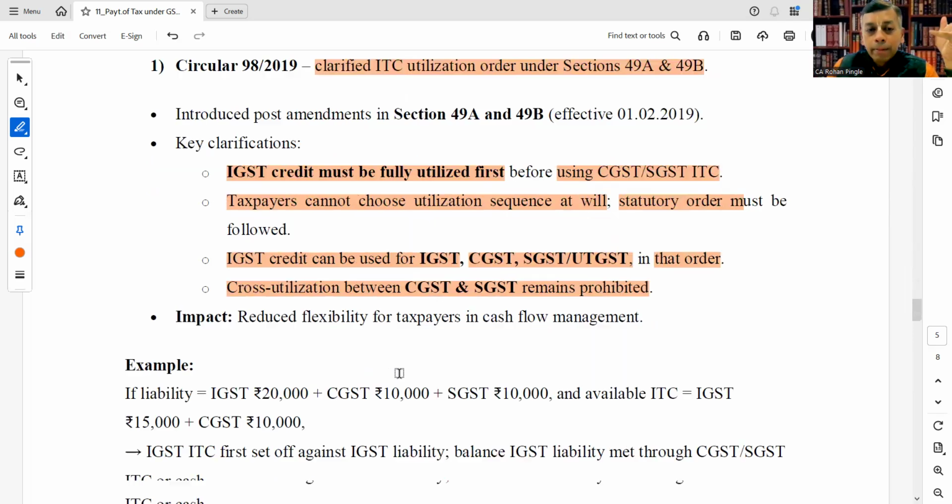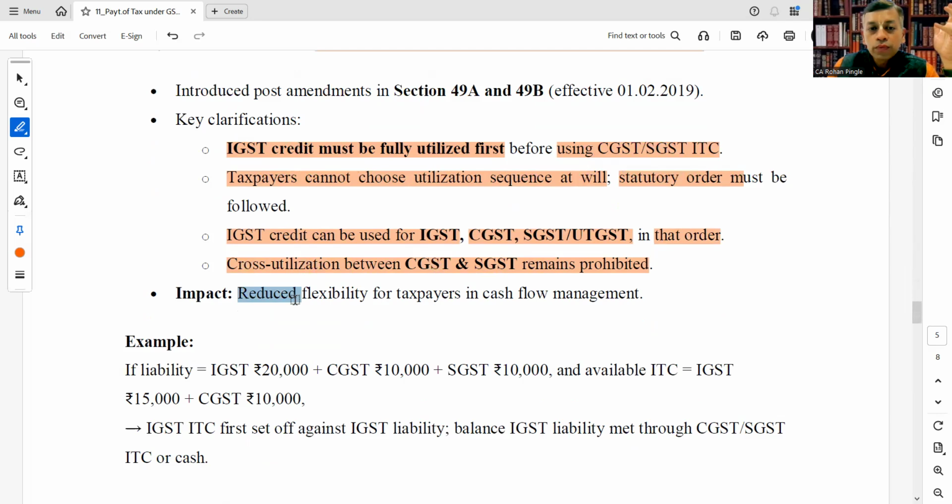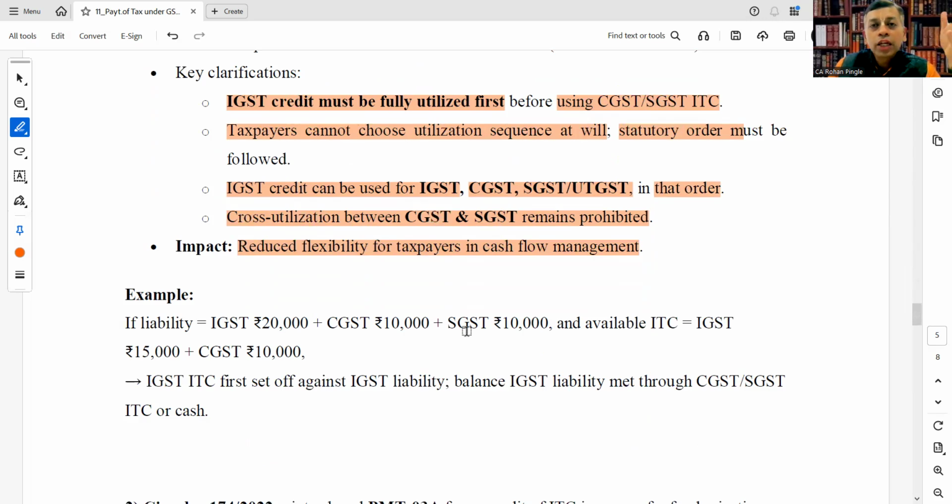So what will be the impact of that? It reduced flexibility for taxpayers in cash flow management, because the taxpayer cannot utilize it in sequence at his will.